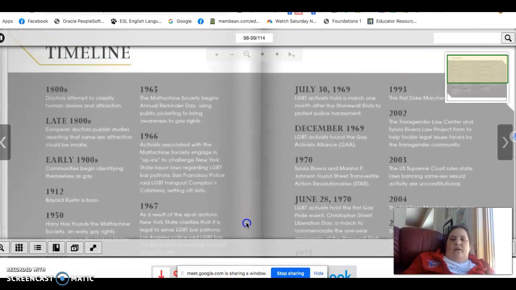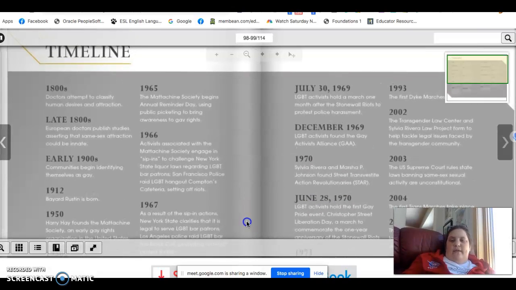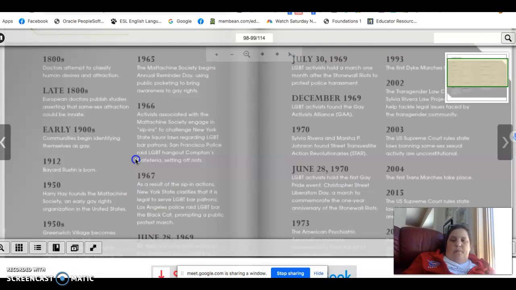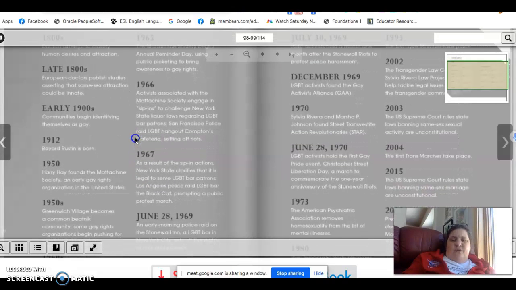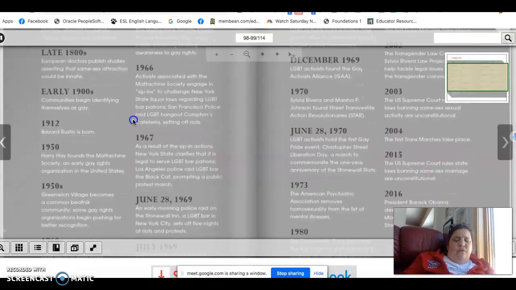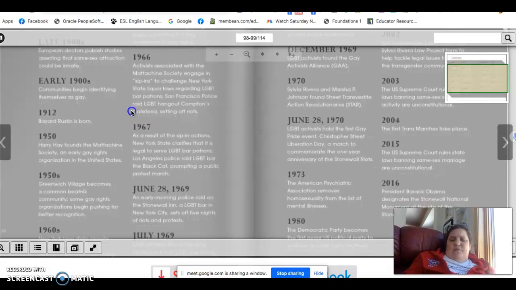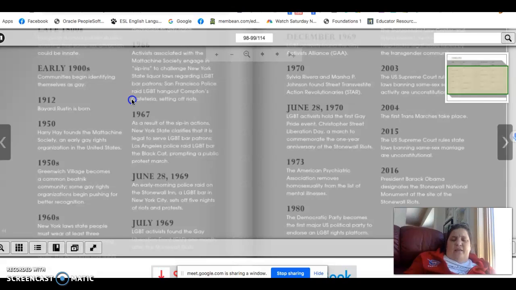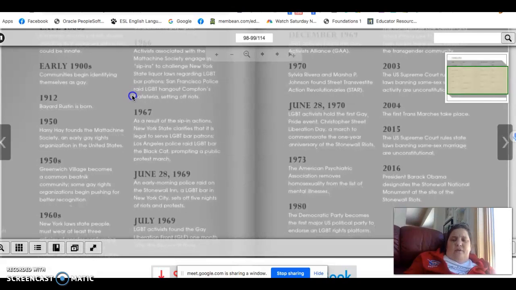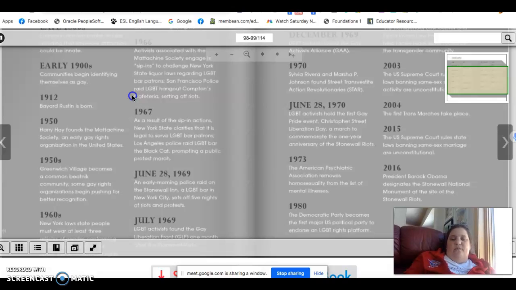So this is a book about the Stonewall riots, and the timeline is a history of how LGBT people kind of evolved over time. I don't really want to say evolved because we've always had LGBT people, but just like maybe their acceptance, maybe that's a better way to put it.